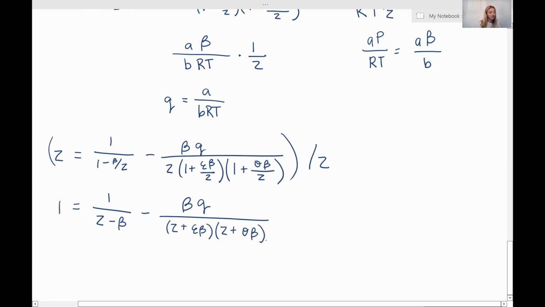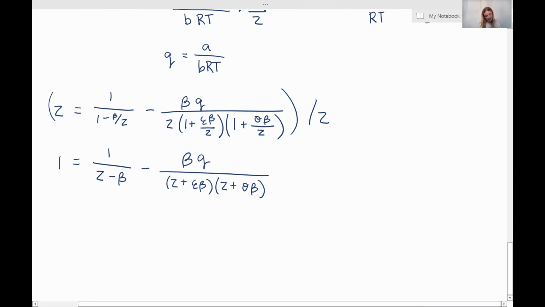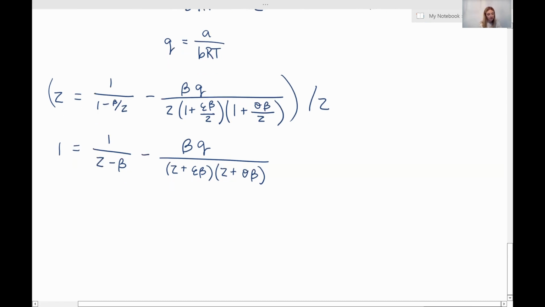So now we're almost there to getting a common denominator. The first thing that we're going to do is a little cross multiplication to find our common denominator.